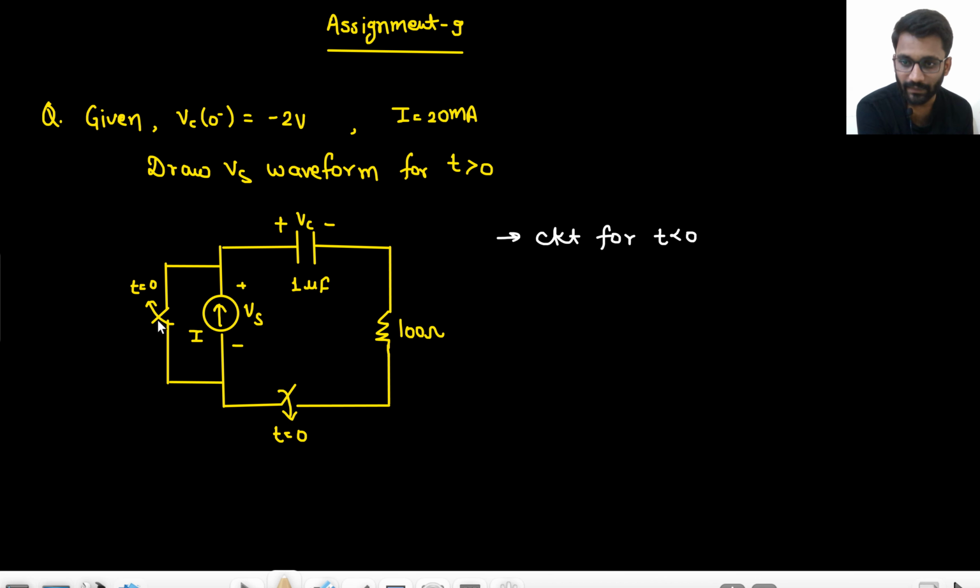So what is happening? This is shorted and this is open circuited, because this is being closed at t equals to 0 and this is being opened at t equals to 0. That means for t less than 0, this is shorted and this is open circuited.